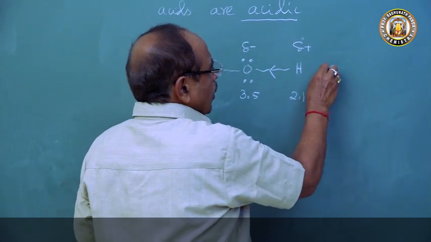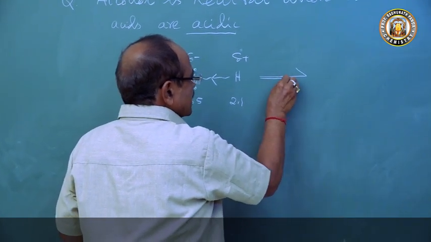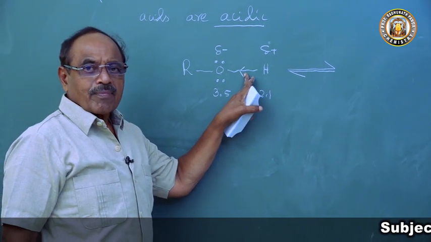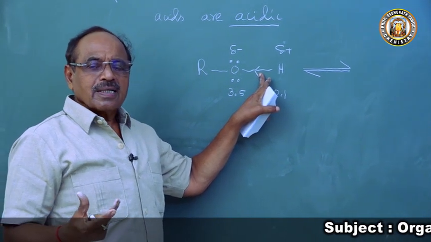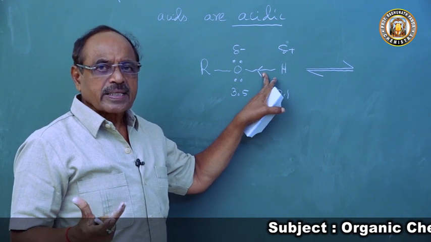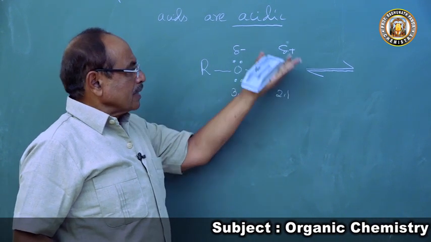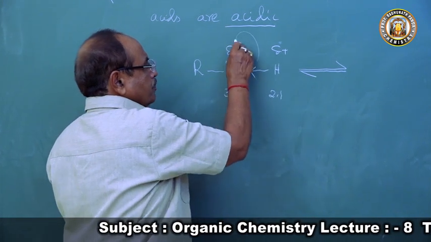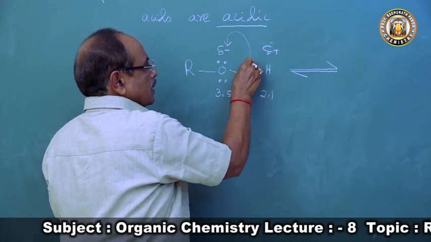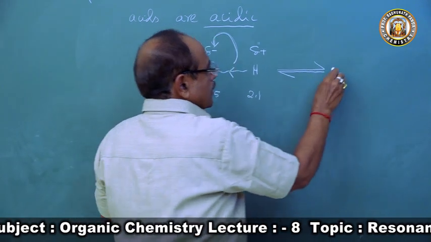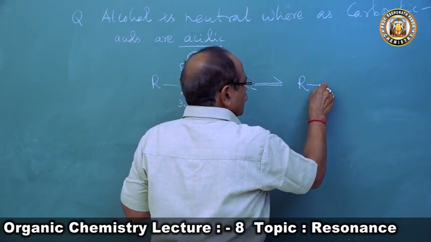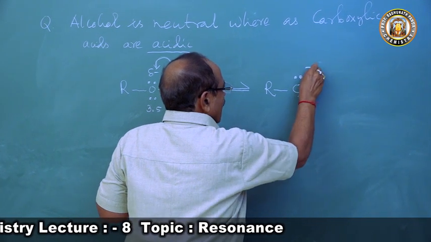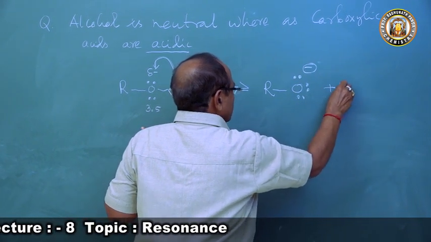This bond is partially polar. Since it is partially polar, it creates instability in the molecule, and oxygen has a tendency to attract the pair of electrons. So this pair of electrons will come towards oxygen, and it dissociates to produce RO minus, the alkoxide ion, and the H plus ion.